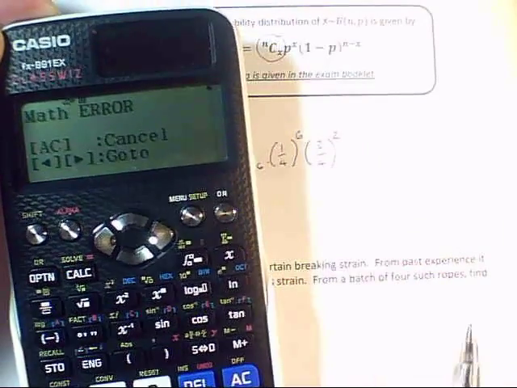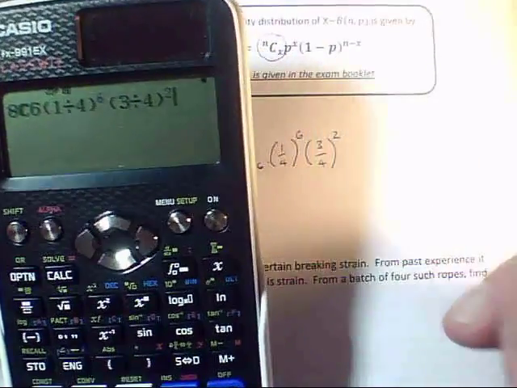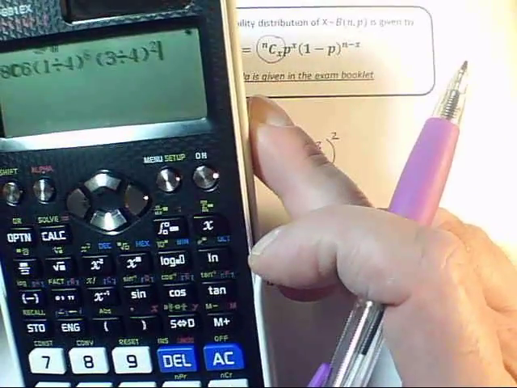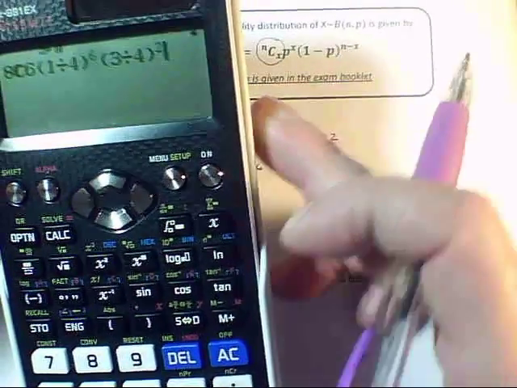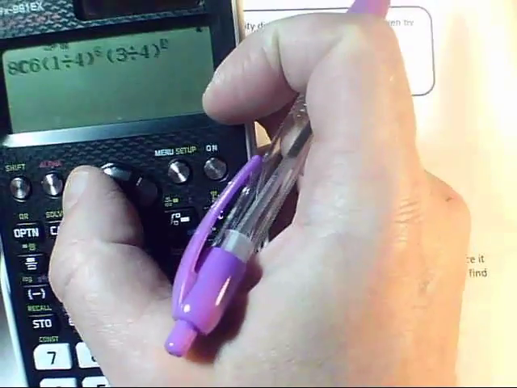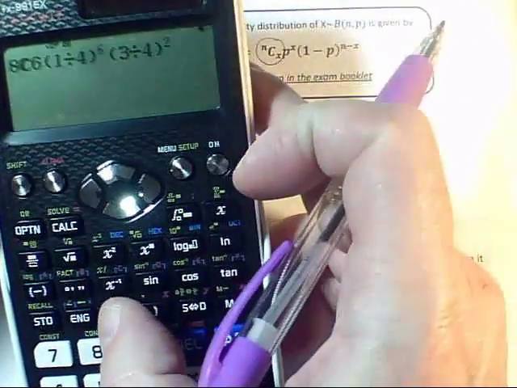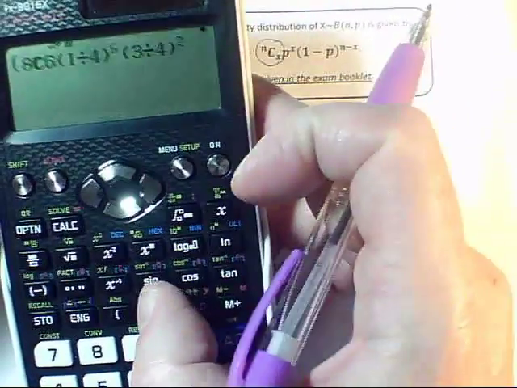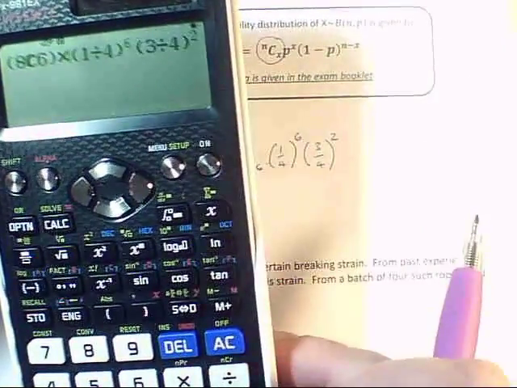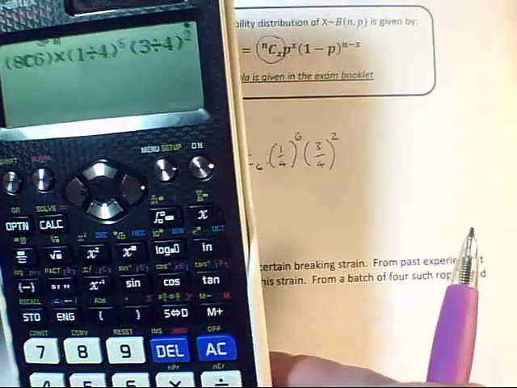Press equals, and it tells me I've got a maths error. What have I done wrong? Maybe I need to put the 8 choose 6 bit in brackets with the times after it. It might be trying to do a different order of operations.